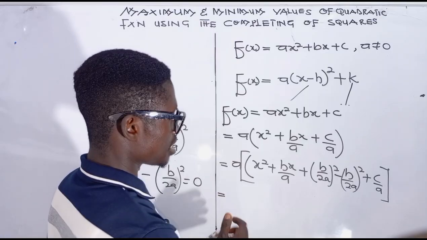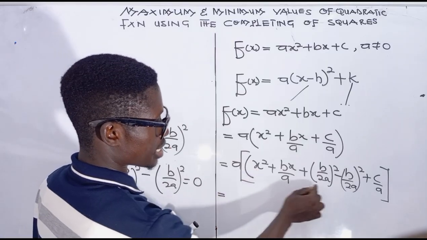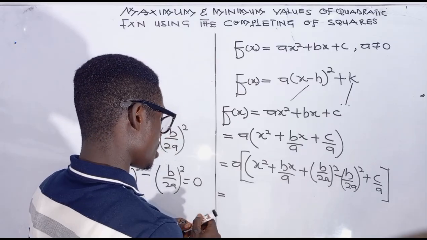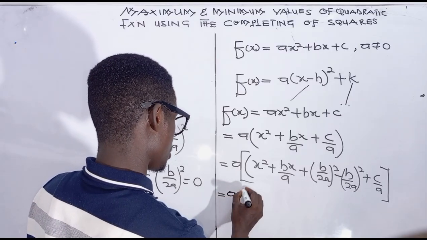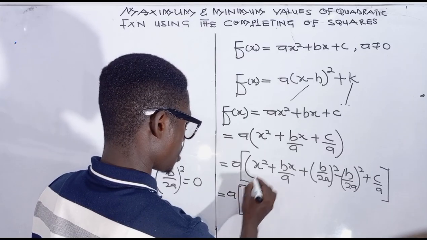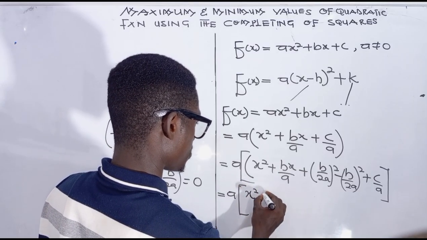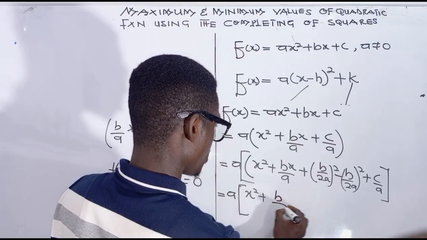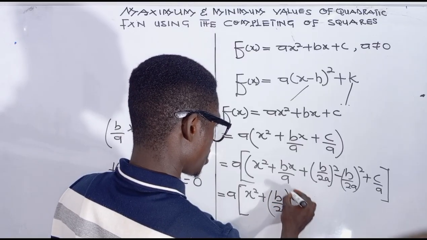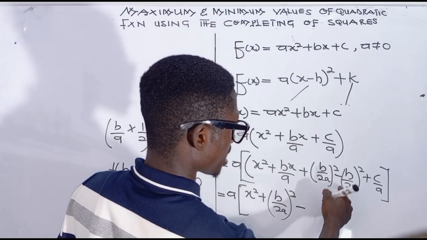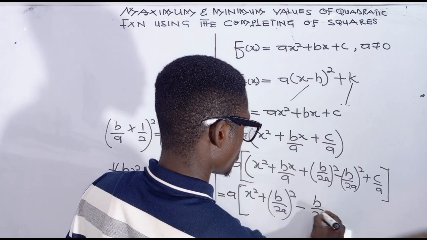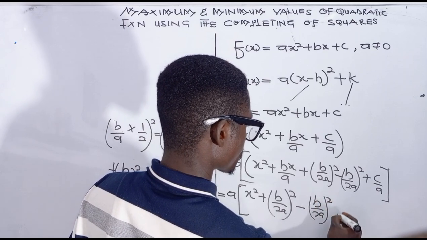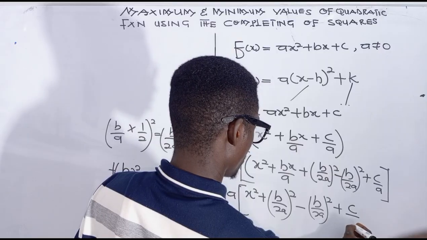Now once we have this, let's group this x squared and then this together. So we are going to have x squared plus b all over 2a all squared. Then we have minus b all over 2a all squared plus c all over what? A.